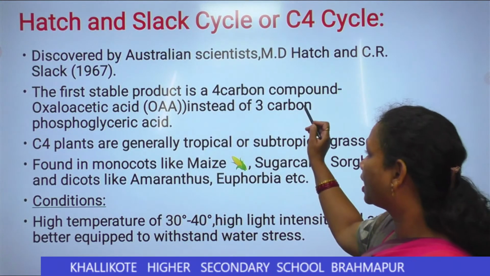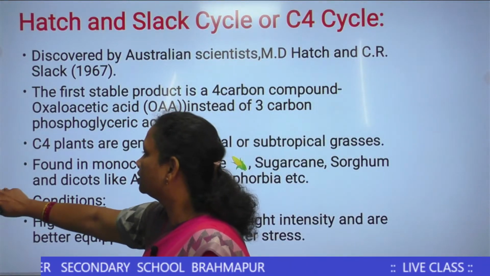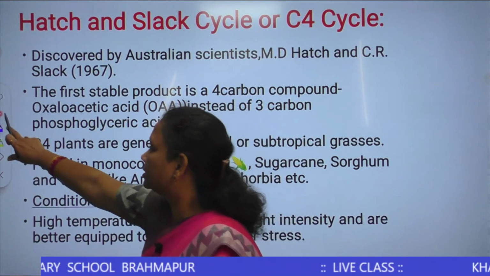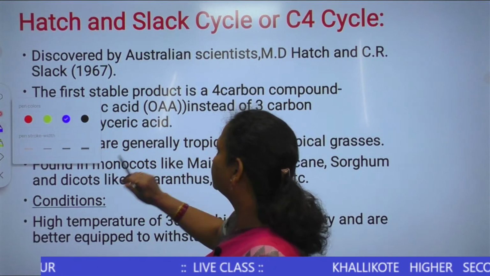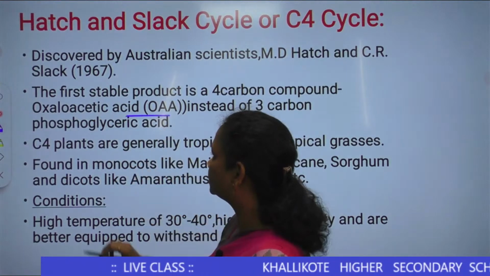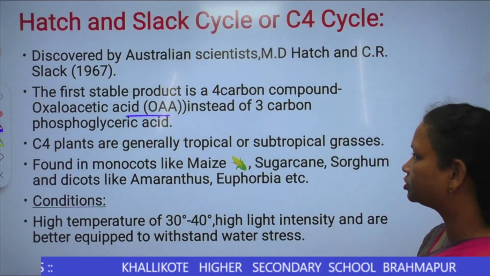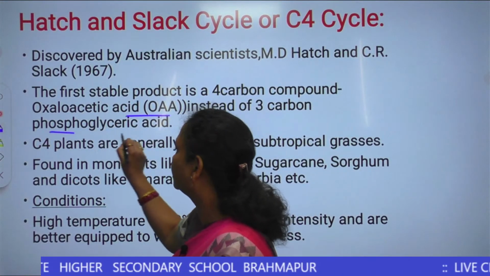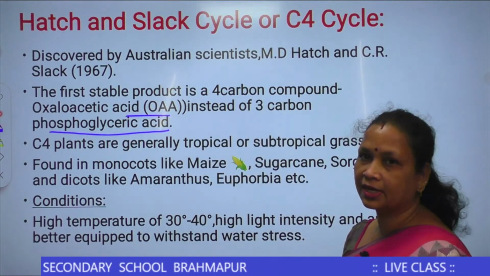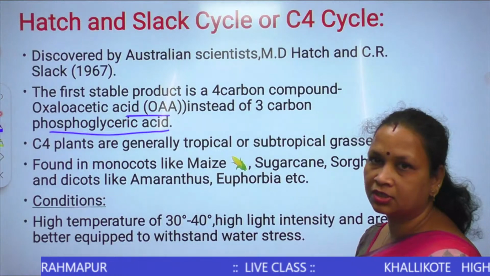This 4 carbon compound is oxaloacetic acid, the first stable compound of this reaction instead of 3 carbon phosphoglyceric acid. So, phosphoglyceric acid is not the first stable compound in the C4 cycle.